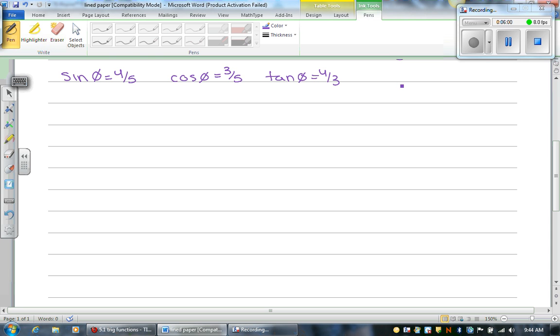We want to find cosecant, secant, and cotangent. Cosecant goes with sine, secant goes with cosine, and cotangent goes with tangent. They're the reciprocals. So all I need to do, since I know that they are reciprocal functions, is take those values and simply take the reciprocal of them.